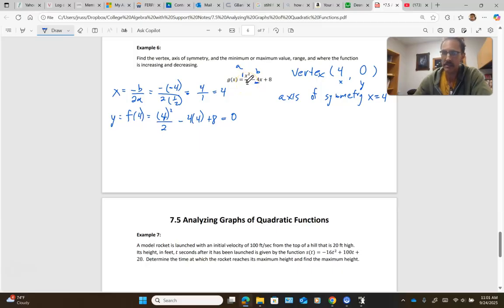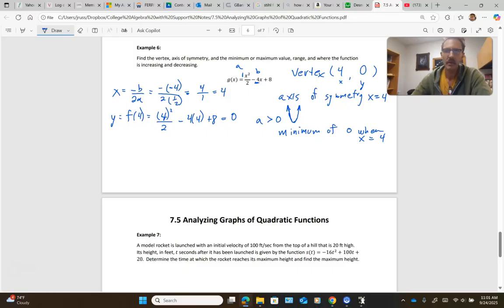It's a fraction, but it's nonetheless positive. So a is greater than 0. So the orientation will open upward. Okay? And so consequently, we will have a minimum. A minimum of 0, and then we'll say when x is equal to 4.